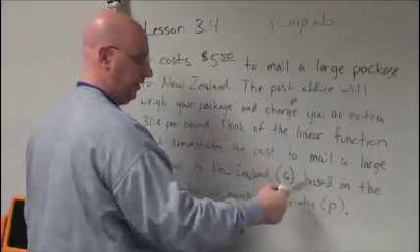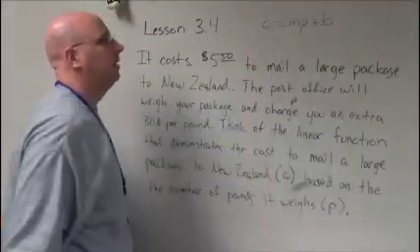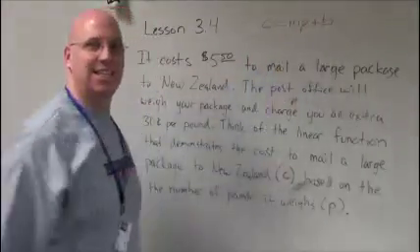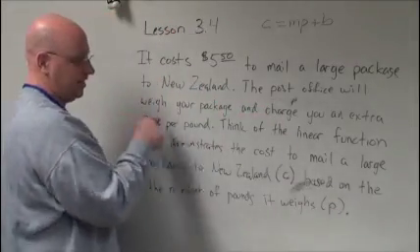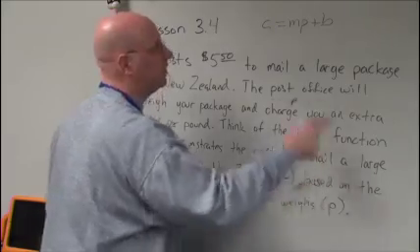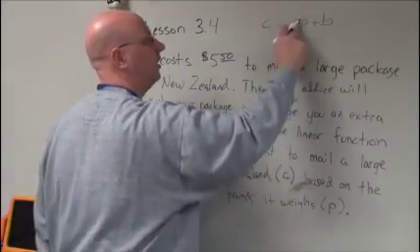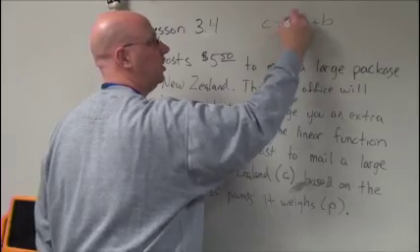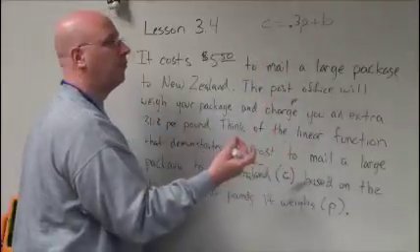There's my independent. C, there's my dependent. Now the question is, what are these things? Well, remember that I'm going to take 30 cents times the number of pounds. So that has to go right here, m times that. That's my rate of change, my slope, 0.3 times p for the weight.